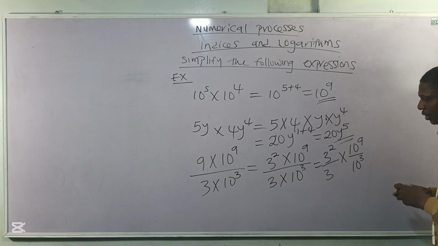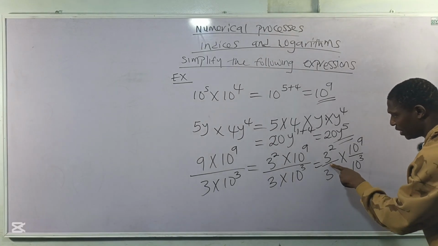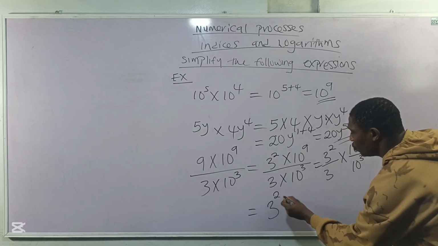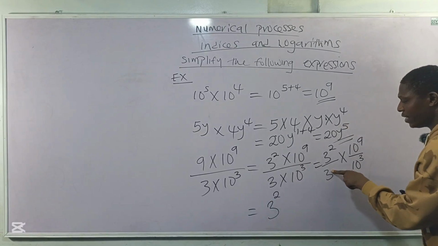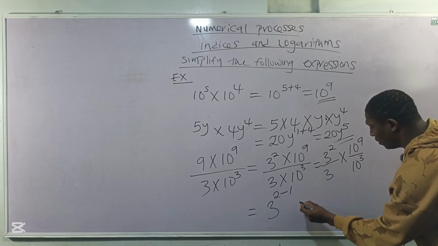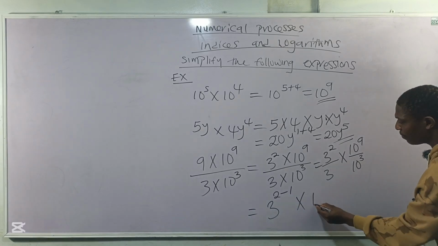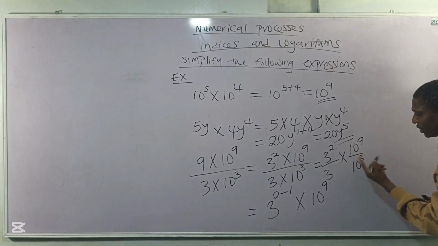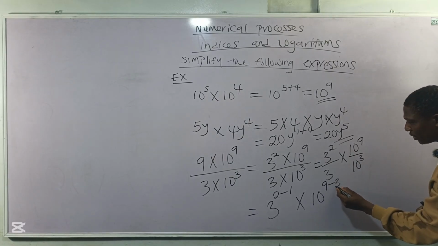Now this is a division sign. So I have 3 raised to power 2. There's an invisible 1 here. Because of this division, I'll have minus. I'll put my 1 times 10, I'll write my 9 at the top, and division sign is minus. I'll put my 3.